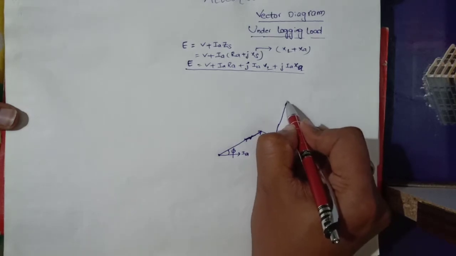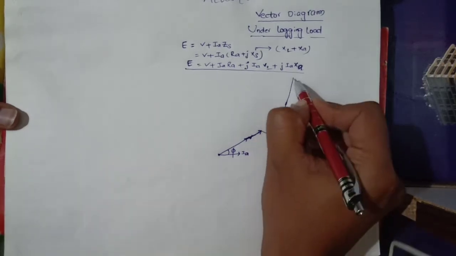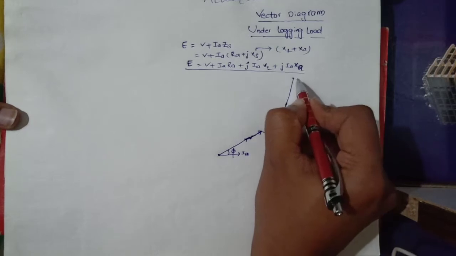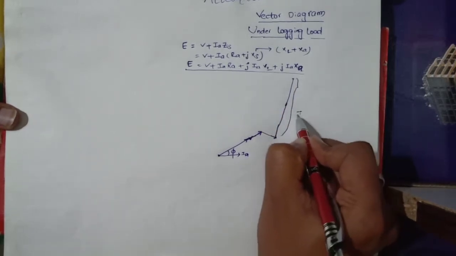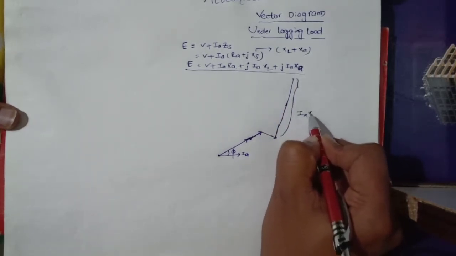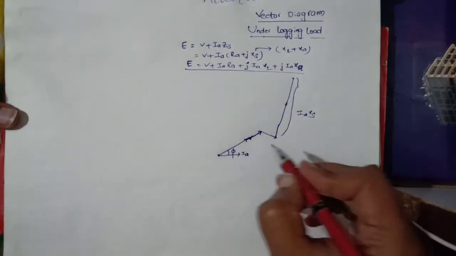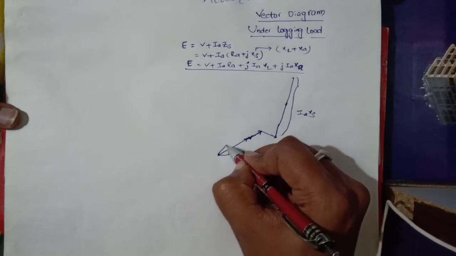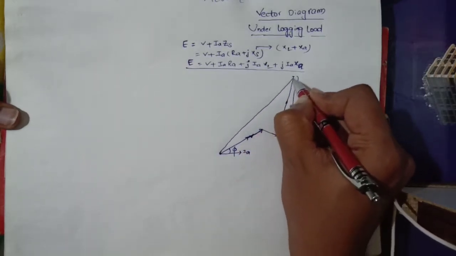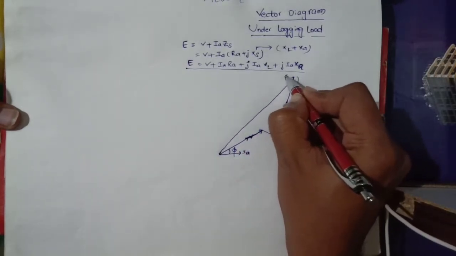I am further extending this. This is the whole thing, IAXS. Now I am joining this. This is our E vector.